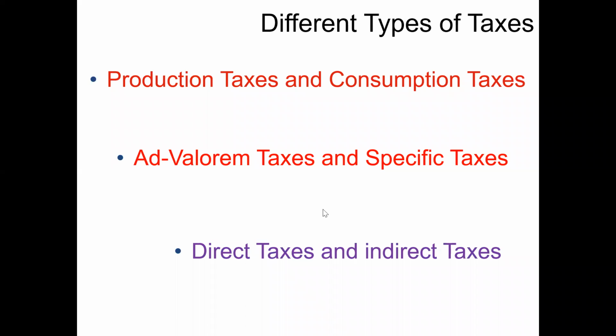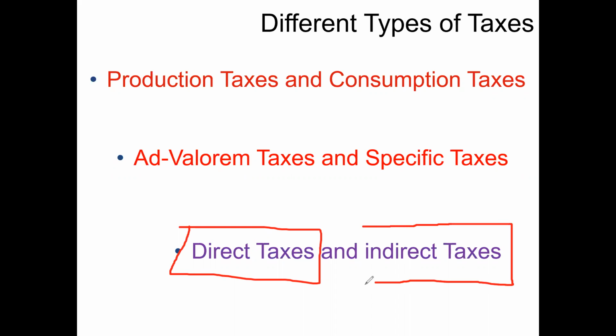Direct taxes means when we pay tax out of our income or when a business pays tax out of its profit. A good example is my income tax. When I pay my income tax, I cannot pass it to someone else. It has to be paid by myself. That's direct taxes. But indirect taxes are charged on goods and services.